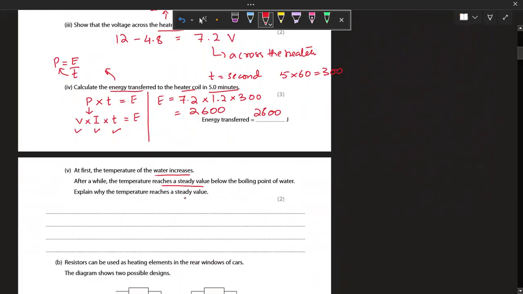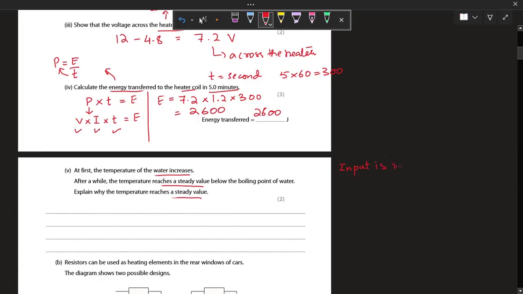Explain why the temperature reaches a steady value. Why is the temperature not changing? We all know, are we changing the supply? Are we changing the input? What is the form of the input?